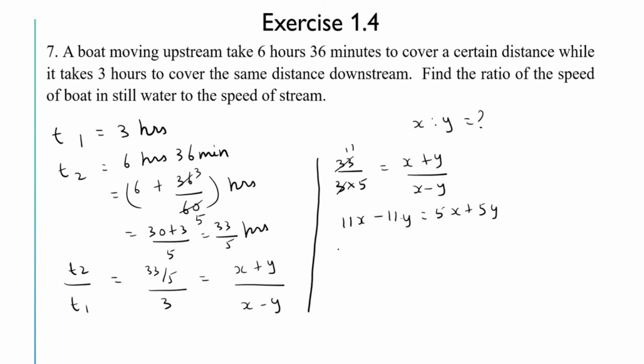So we have 11 minus 5 is 6x is equal to 11 plus 5, 16y. So x by y is equal to 16 by 6. So from this we have x is to y is equal to 8 is to 3. So the ratio of the speed of the boat in still water to the speed of the stream is 8 is to 3.